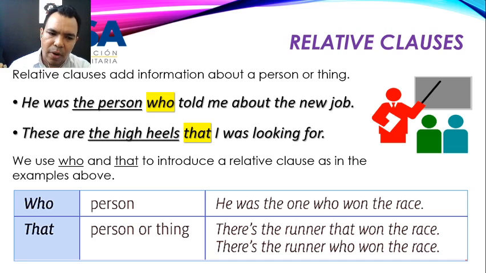It's more common for things, but we can also use it for people. There is the runner that won the race, or there is the runner who won the race. Now, in this part of the class, I need you to try to understand when you can use who or when you need to use that.